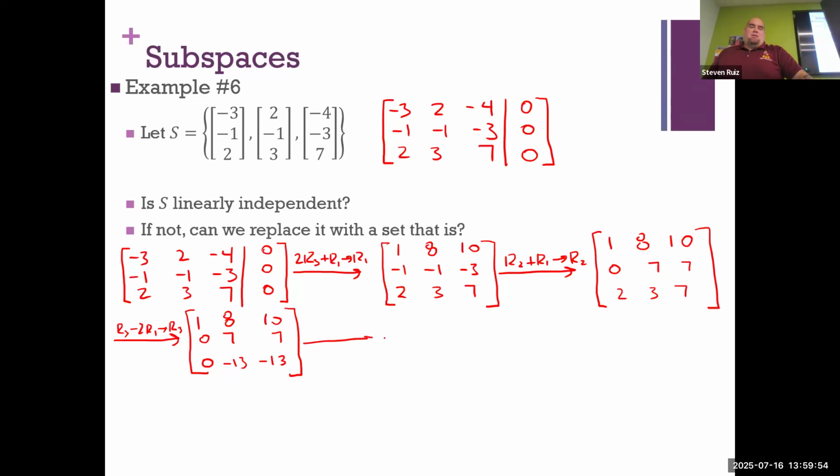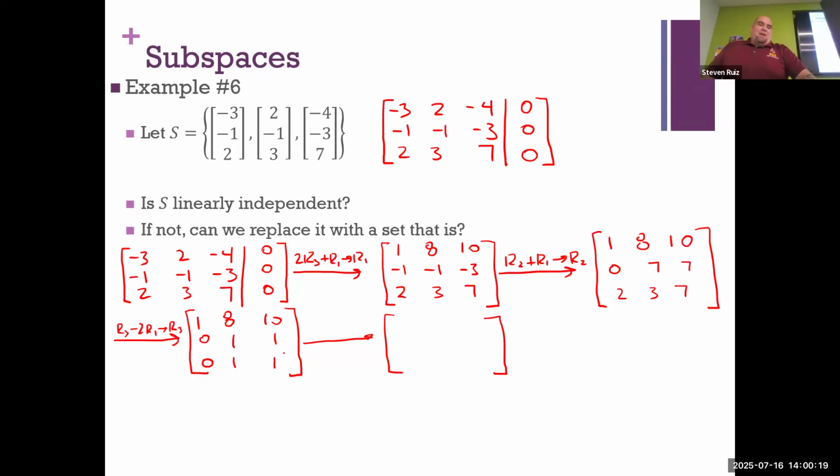In what way? I agree with you. I just want to be specific for the good of the room. Row 3 will all go to 0 because why? Yep, they're linearly dependent because they're really the same thing.